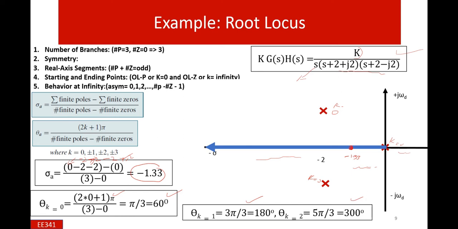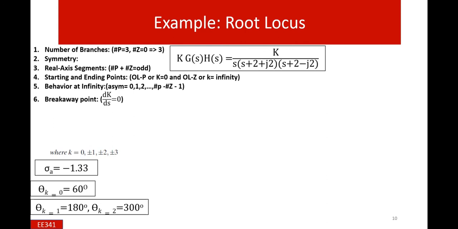So these are the 3 values related to the asymptotes, and we have the center of the asymptotes. So up to now, from the open loop transfer function, we have found the center of the asymptotes and the angles related to the asymptotes.